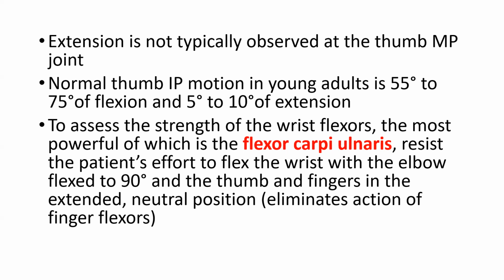To assess the strength of the wrist flexors, the most powerful of which is the flexor carpi ulnaris, resist the patient's effort to flex the wrist with the elbow flexed to 90 degrees and the thumb and fingers in the extended neutral position, which eliminates the action of finger flexors.